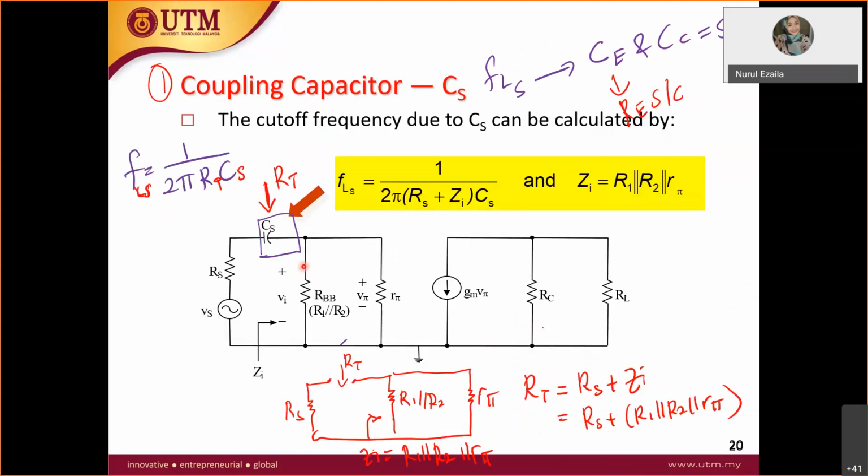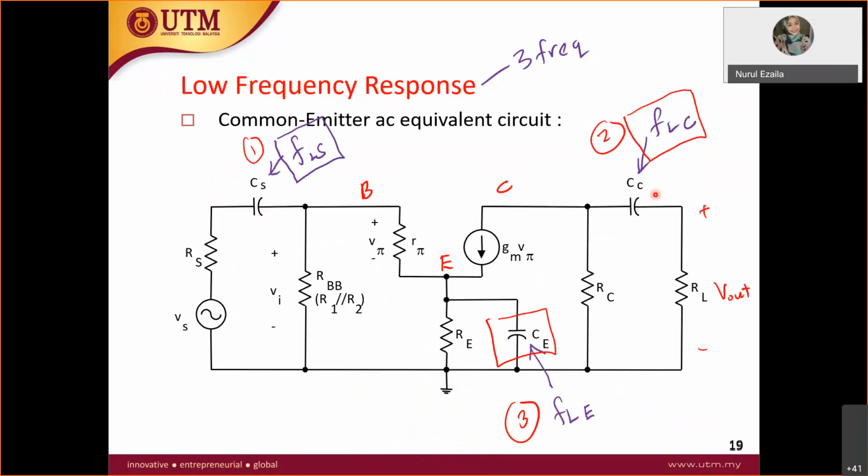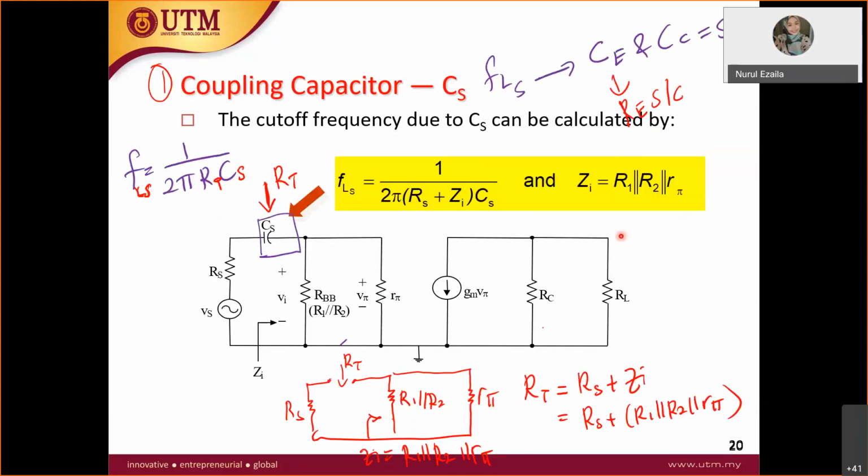For number 1, when we do the analysis for CS, the low frequency at the source, what happens to the other capacitors, CE and CC? They will be short circuit, and only CS remains in the circuit. Then you draw the equivalent circuit like this, because you want to find the equivalent resistance you see from this particular point.